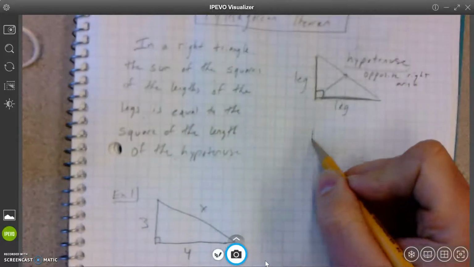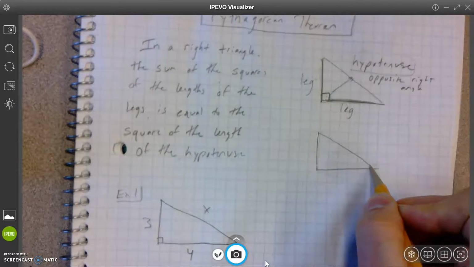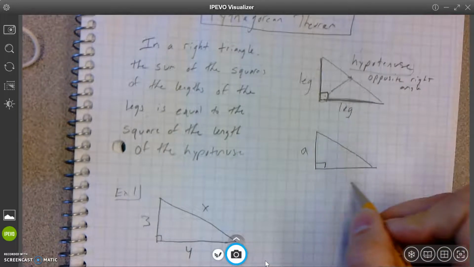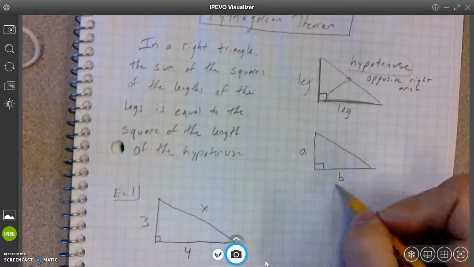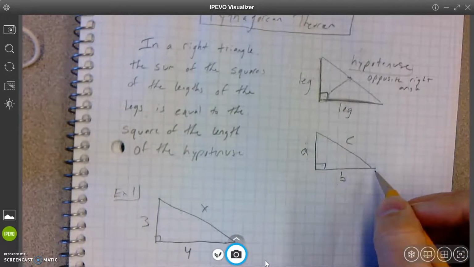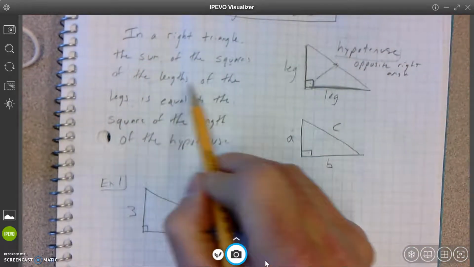So draw this with me. Everything I write, you write. If you have a right triangle here, the two legs are called A and B. It doesn't matter which one's A or B, so this could be B, this could be A. So the two legs are A and B, and the hypotenuse is always C. The Pythagorean theorem is the sum of the squares of the lengths of the legs.